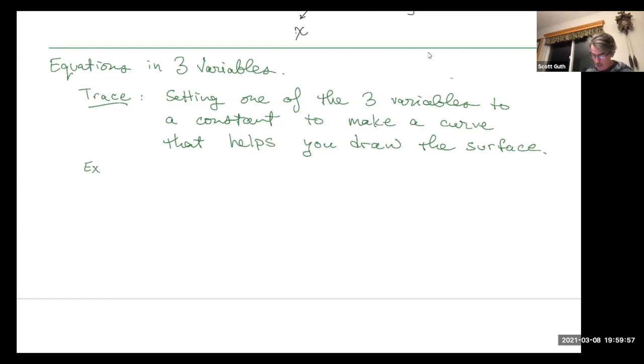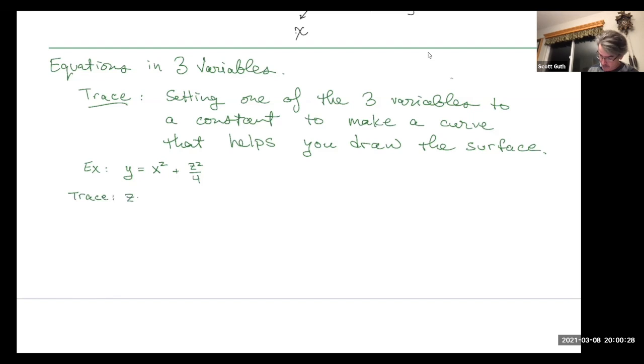Let's do y equals x squared. I know what that looks like. But then there's another part that is z squared over 4. Okay. And now you sort of play around with, well, what variable should I set to a constant? I think that if I make z 0, that's super easy. So here are the traces.